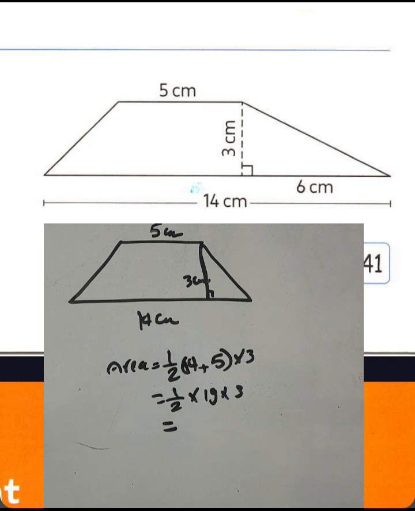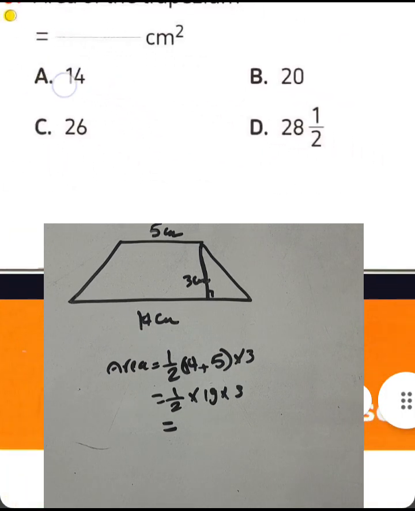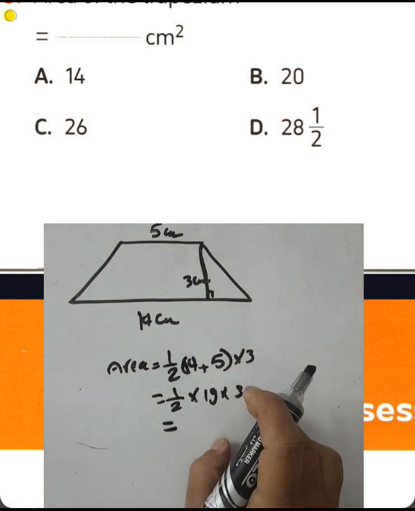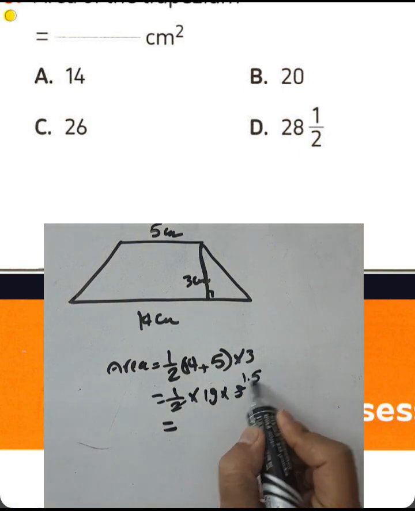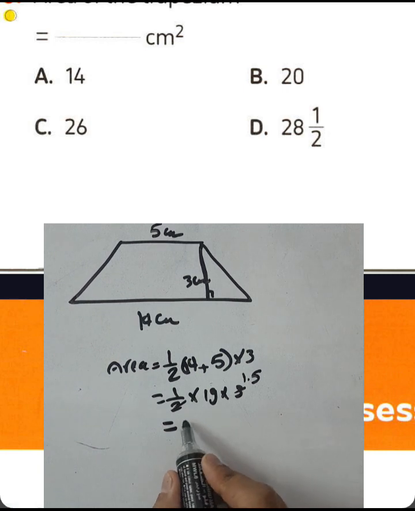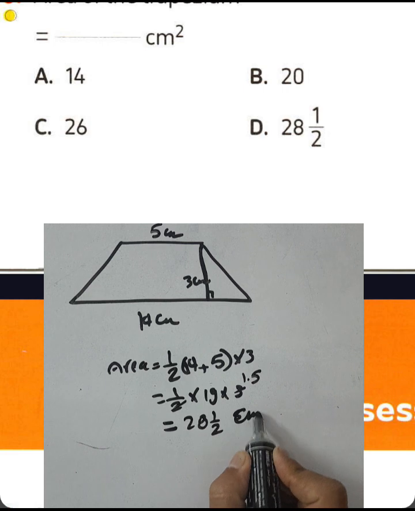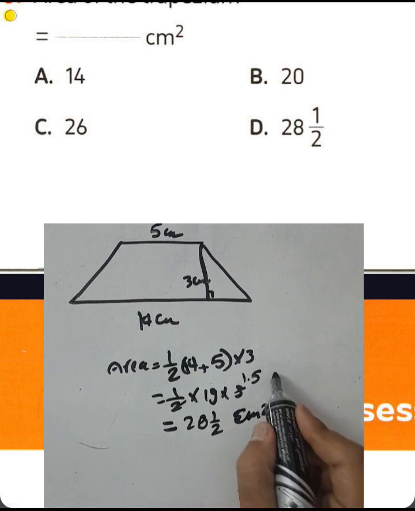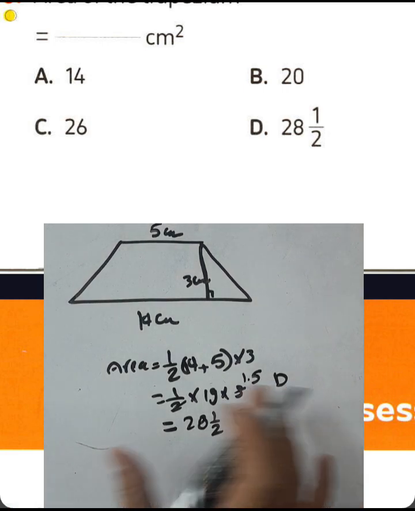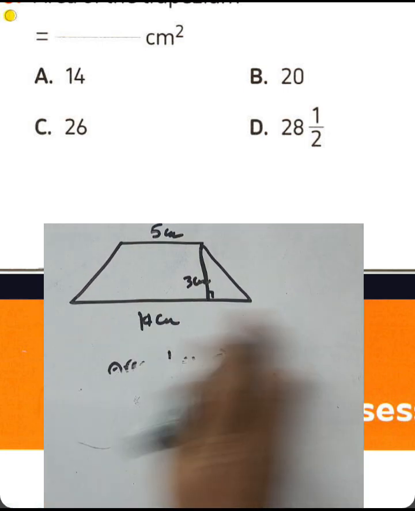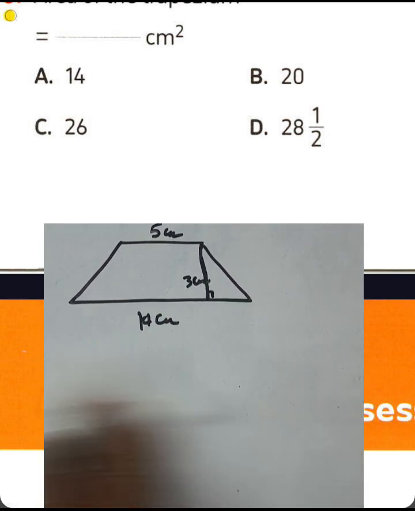You can find the result. Half of 3 is 1.5, times 19 gives 28 and a half square centimeters. Choose letter D.